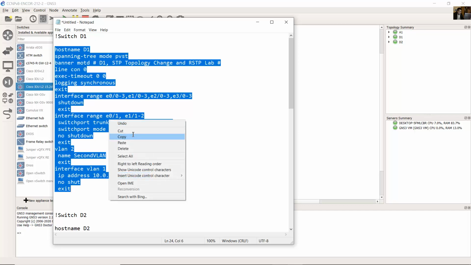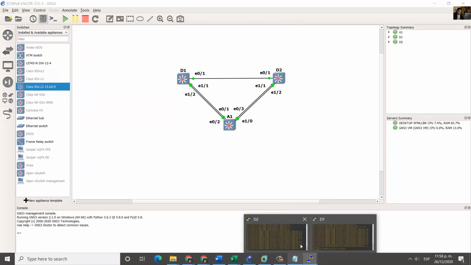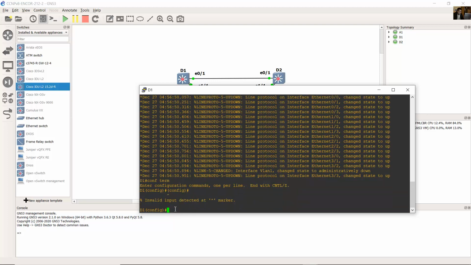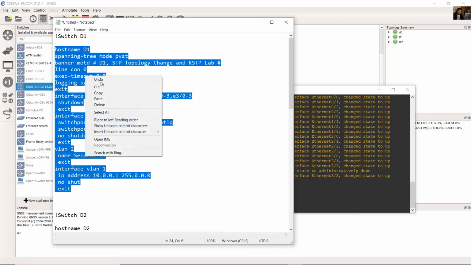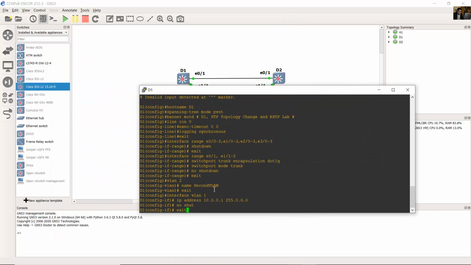and copy this, go to D1, global configuration mode, right click to paste. Okay, sorry, copy, right click to paste, enter.